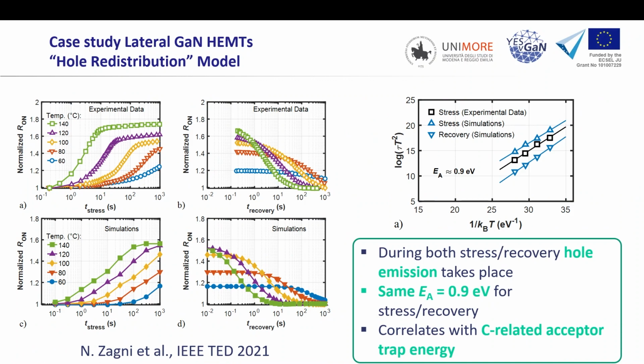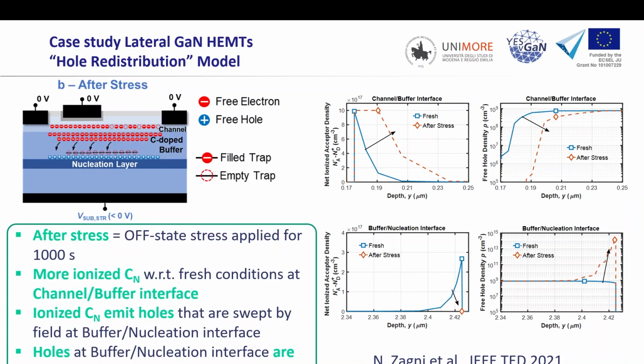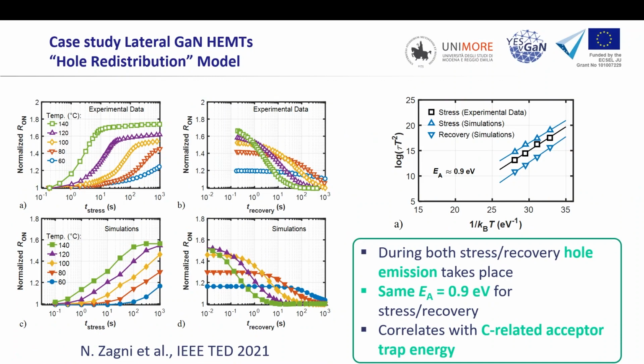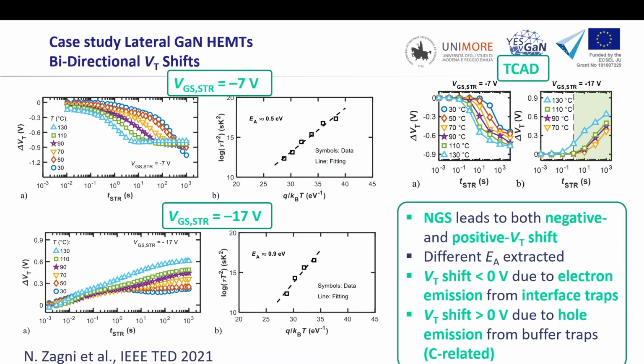You can see that simulations match reasonably well the experiments. And we attributed this to carbon emission of holes, because we extracted the same activation energy from both processes. During stress you're emitting holes from traps here that get trapped here at the bottom of the buffer, and then during the recovery the opposite happens. So the main limiting factor here is the emission of holes.